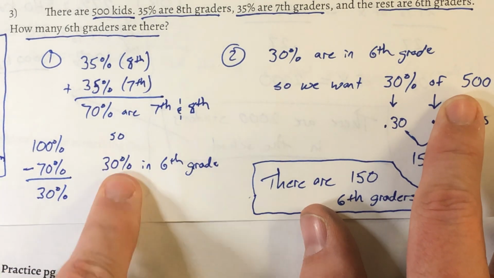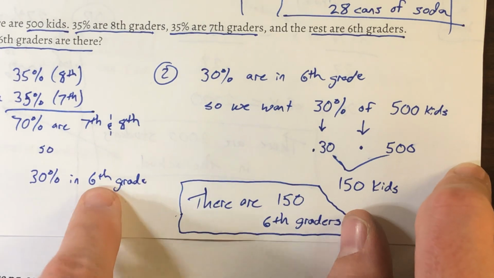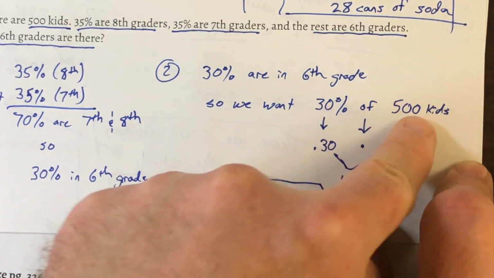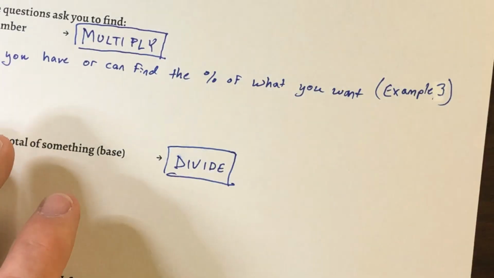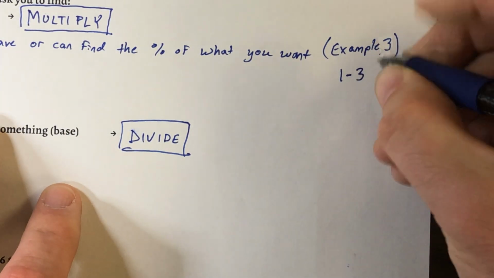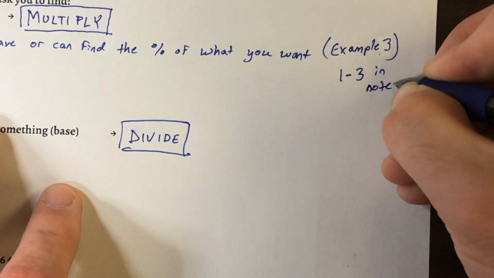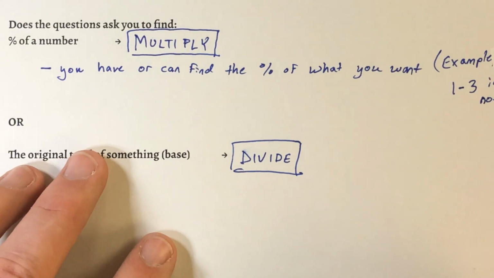I was able to find the percent of the thing I wanted. Because I found the percent of the thing I wanted, it's a percent of a number problem. You can also look at numbers 1 through 3 in these notes. So that tells you need to find a percent of a number.